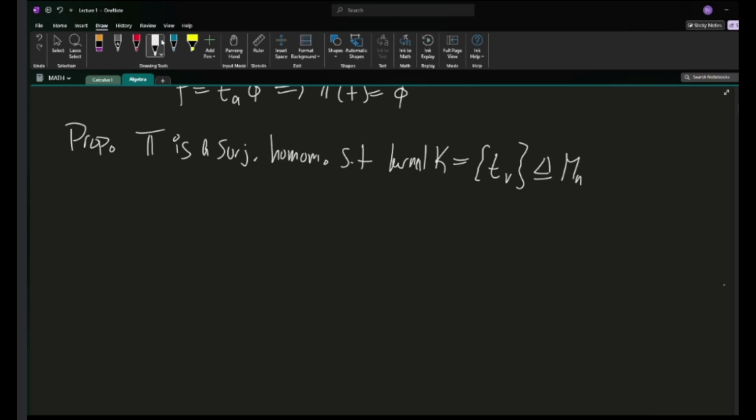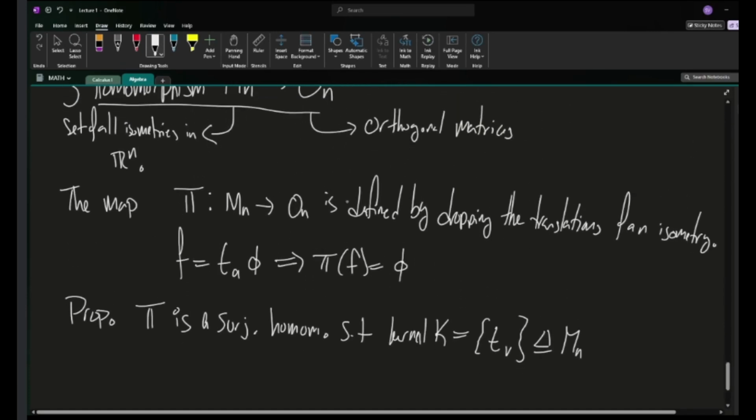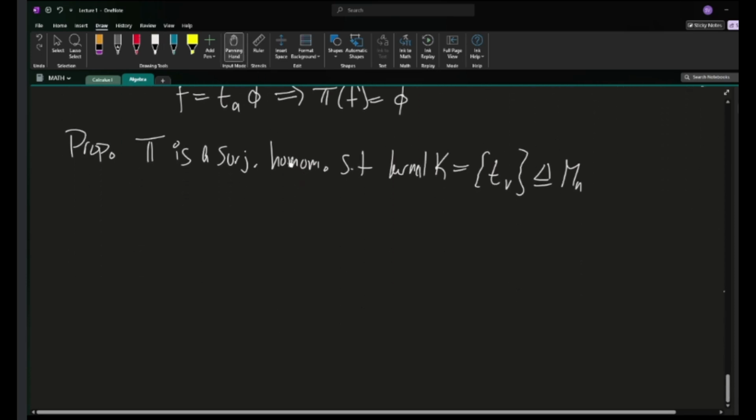So what we're trying to prove here is that if we take these sets of isometries and we map them over to the orthogonal matrices, we can in fact get a surjective homomorphism.